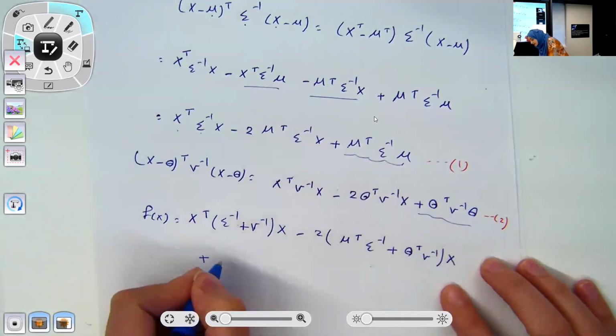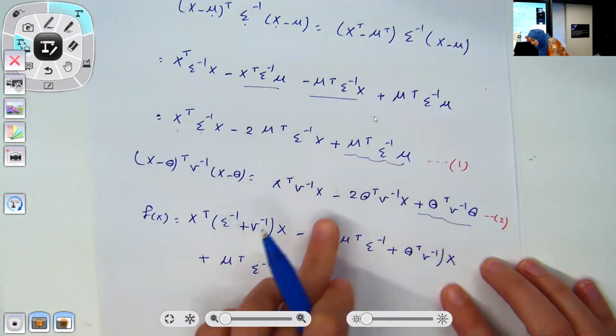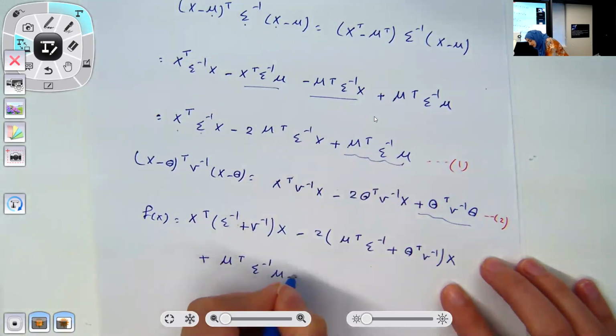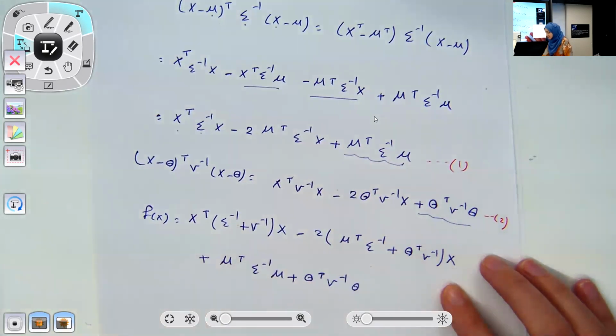This is plus mu transpose sigma inverse mu plus theta transpose times V inverse times theta.